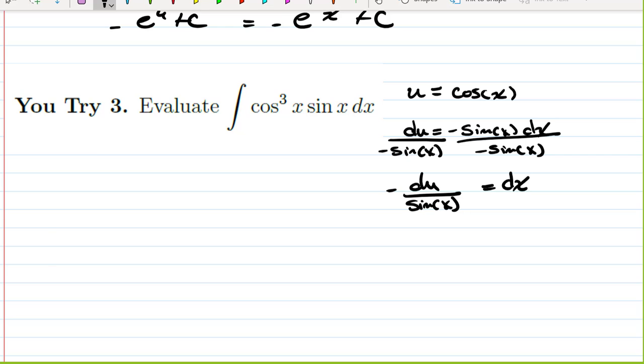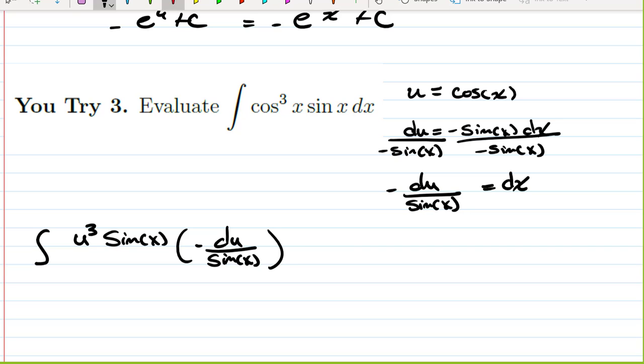So substituting into our integral, we would have cosine is u, so u cubed, sine x, and then dx is negative du over sine x.